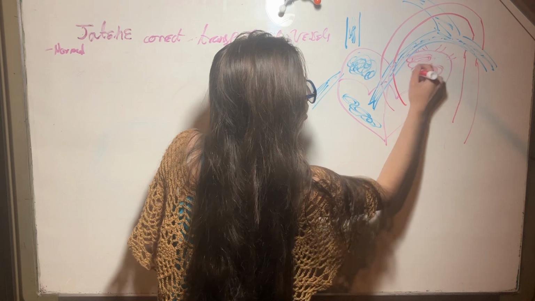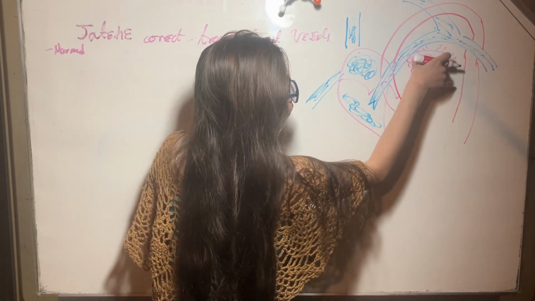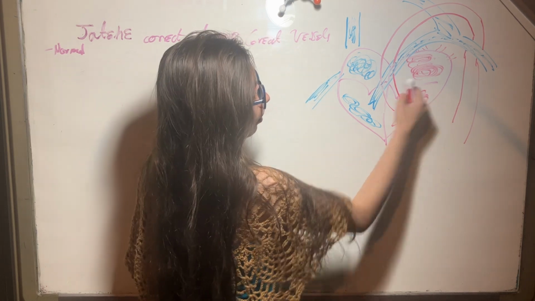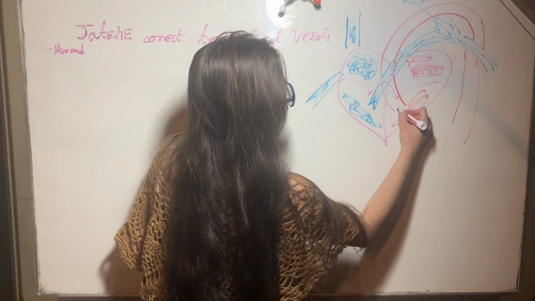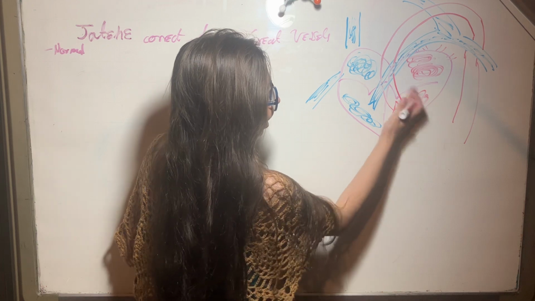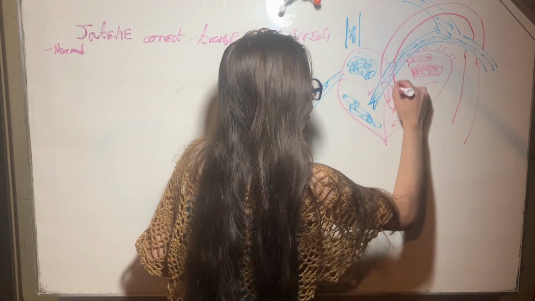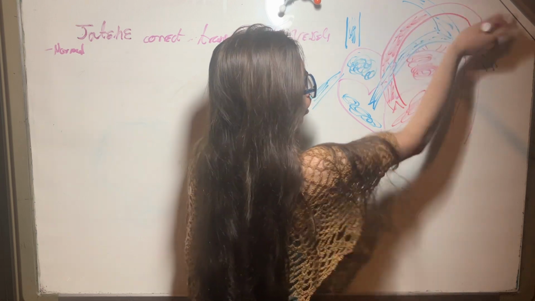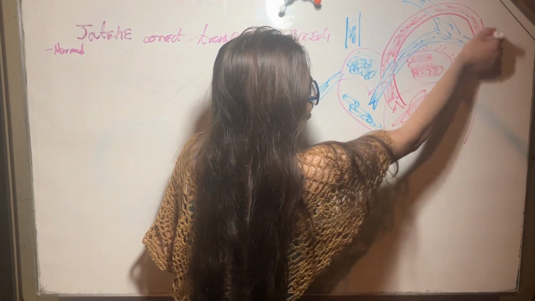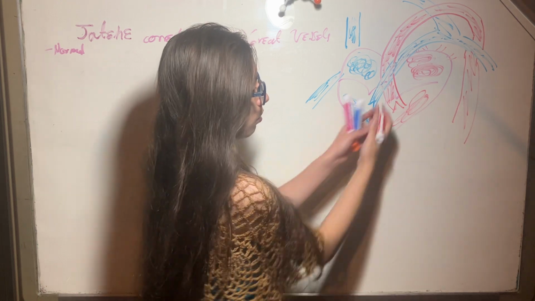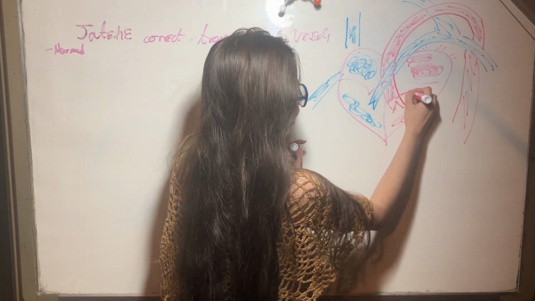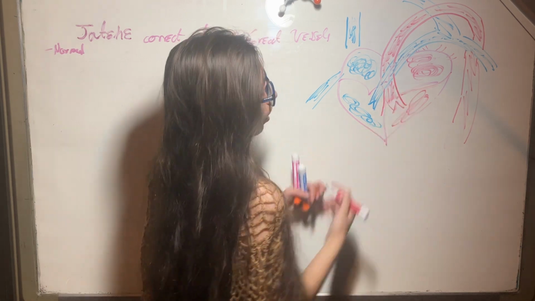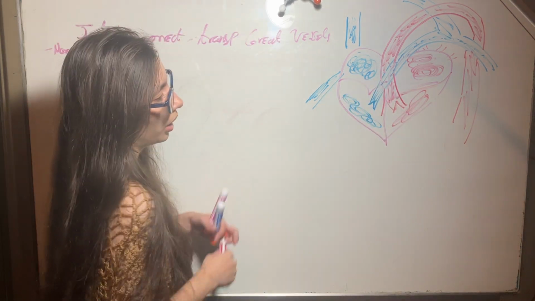It passes from the left atrium to the left ventricle through the mitral valve, and then through the aortic valve to the aorta, and from here it goes to all the systemic circulation. Also remember that here we have the coronary arteries arising from the aorta. So this is normal anatomy.